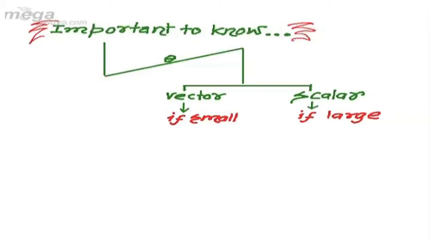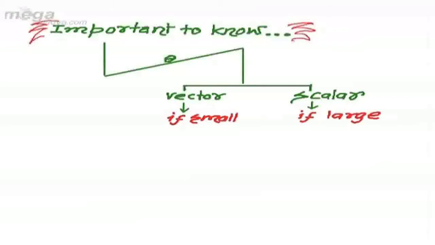What is the meaning of small and large? Small means it is somewhere under 10 degrees. Large if it is 20, 30, 40, 60, 90 degrees. So this angular displacement may be a vector if small and will behave like a scalar if large.